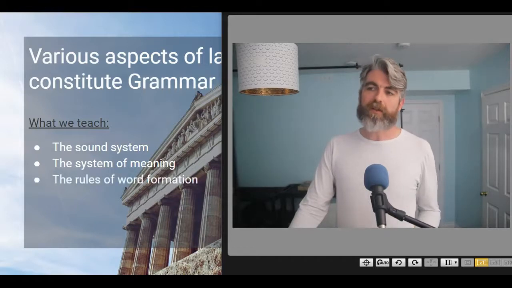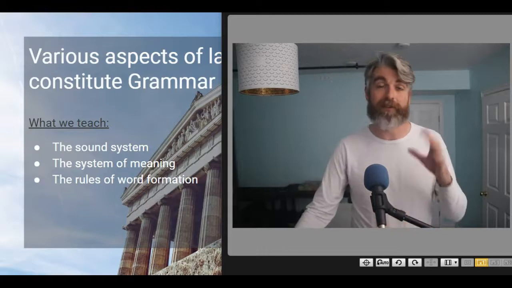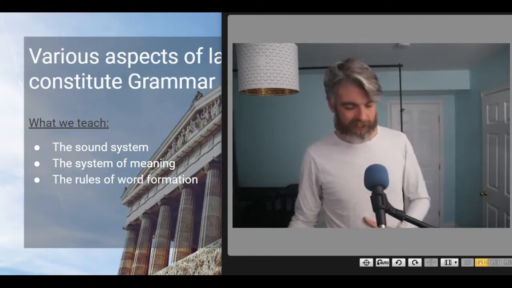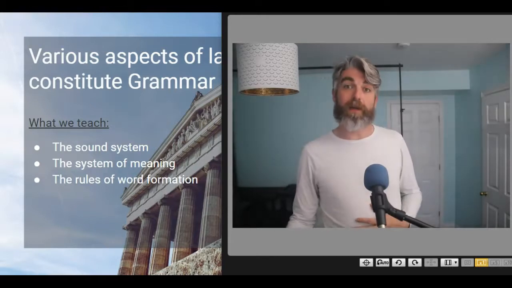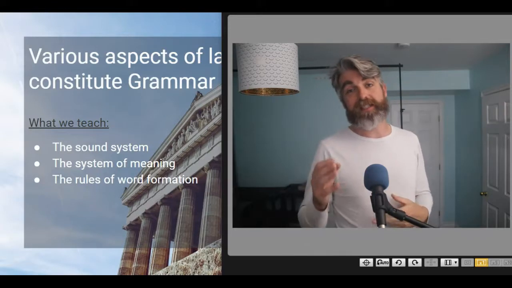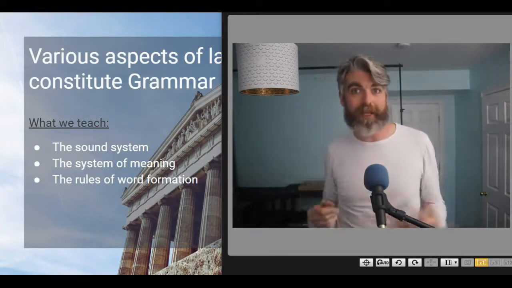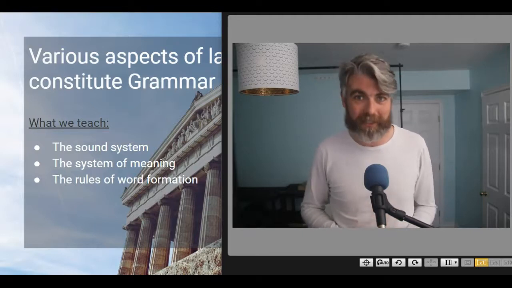Then we can talk about the rules of word formation, or as I mentioned earlier on, morphology. There are identifiable rules around that, like words which take the suffix -ation, like information, confirmation.